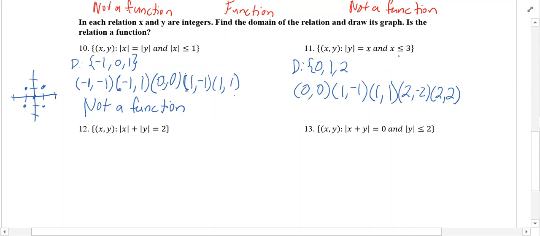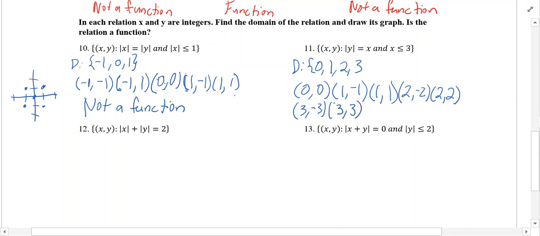It says x is less than or equal to 3, so I could also try 3 for x, because 3 is less than or equal to 3. So if I plug in 3 for x, what could y equal? Remember, since you're taking the absolute value, I could either have a negative 3, because the absolute value of negative 3 is 3, or I could get out a positive 3 for y.